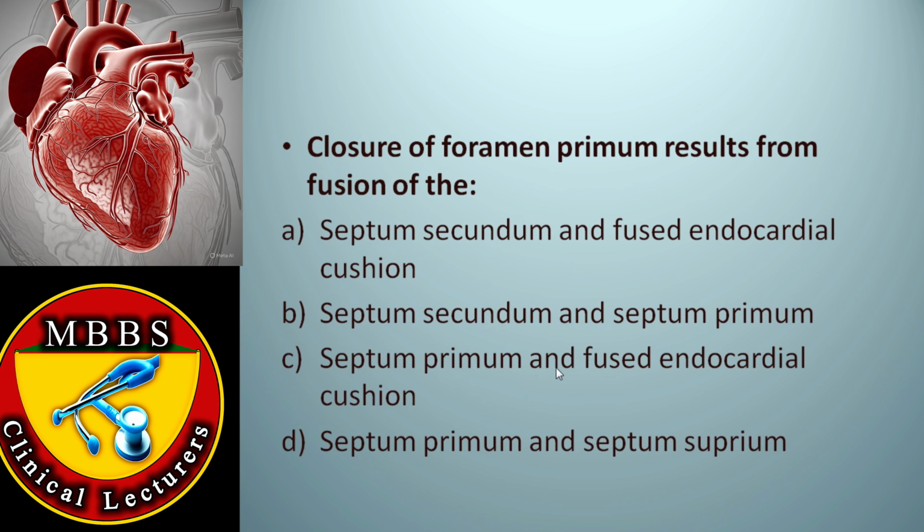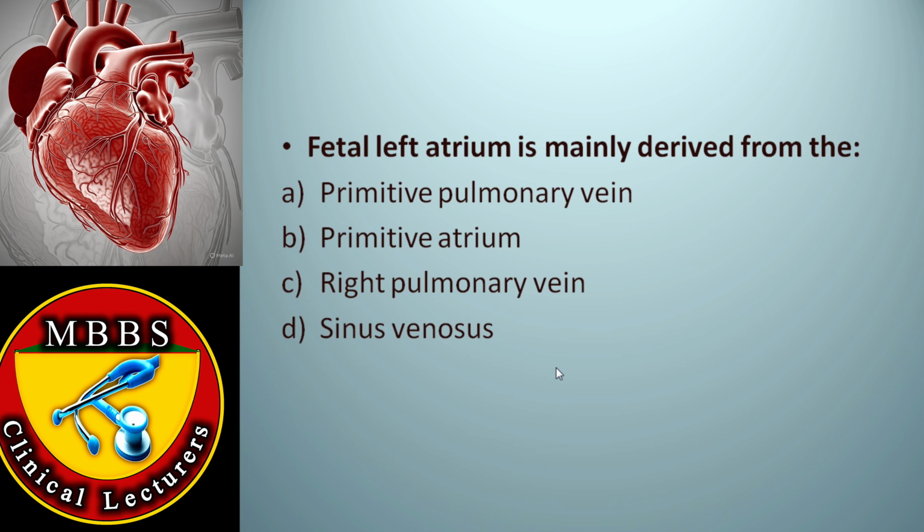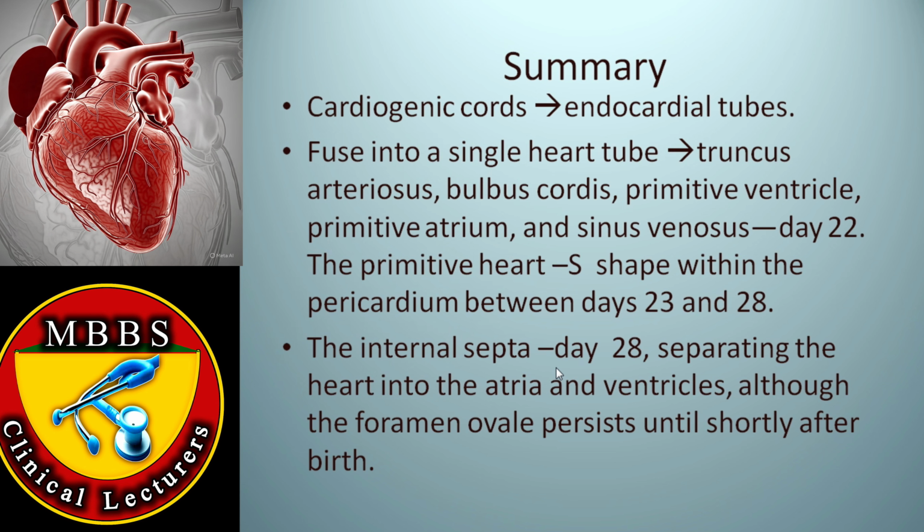Closure of the foramen primum results from the fusion of the foramen primum, not the foramen secundum, foramen primum. Okay, you may give the answer. The left fetal atrium is mainly derived from the, it has two parts, smooth part and the rough part. So the main part of the atrium is mainly derived from the, you must know that.